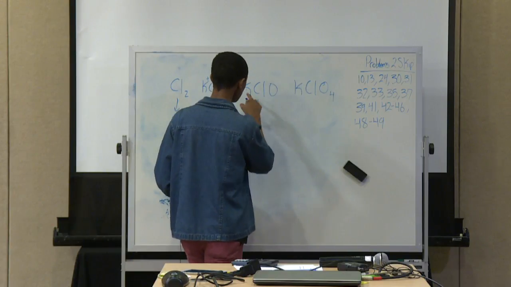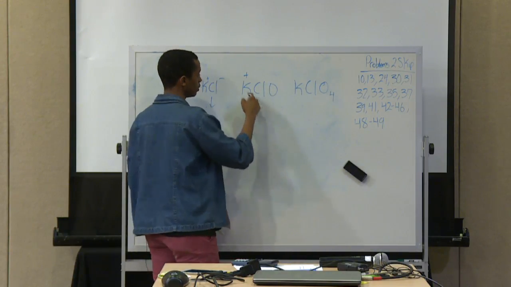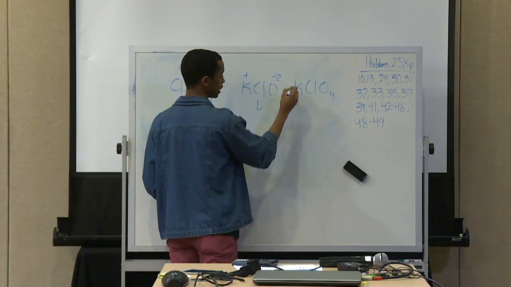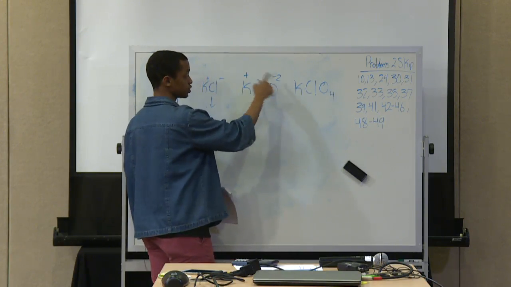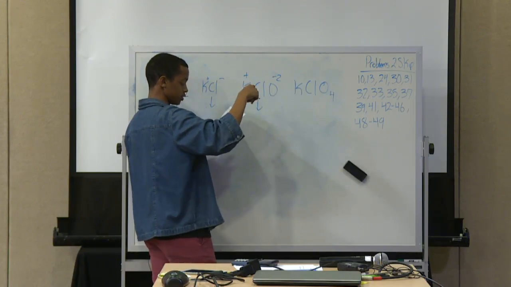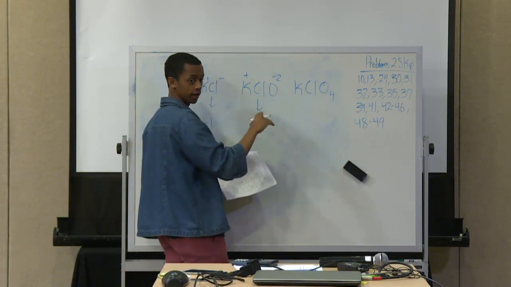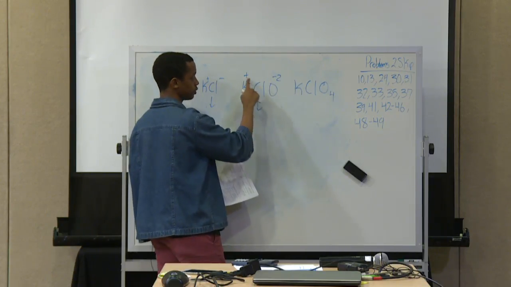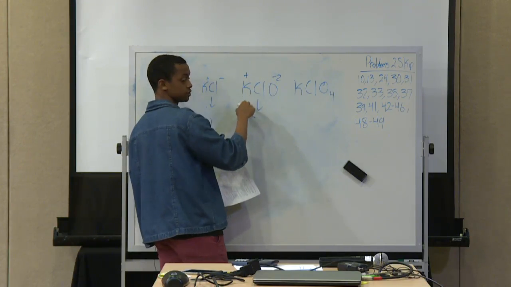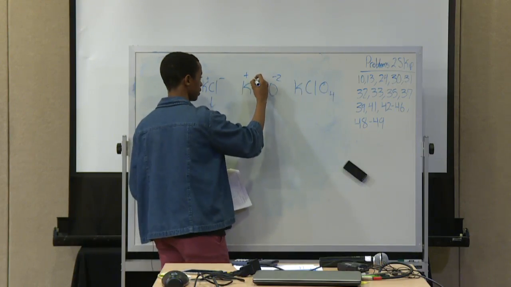Here, we always know potassium is positive 1. We know oxygen is always negative 2. So the total charge on KClO is what? Neutral, right? So that means chlorine in this case has to be, if oxygen is negative 2 and we only have 1 plus, to balance out the negative 2, we need what? Another plus, right?